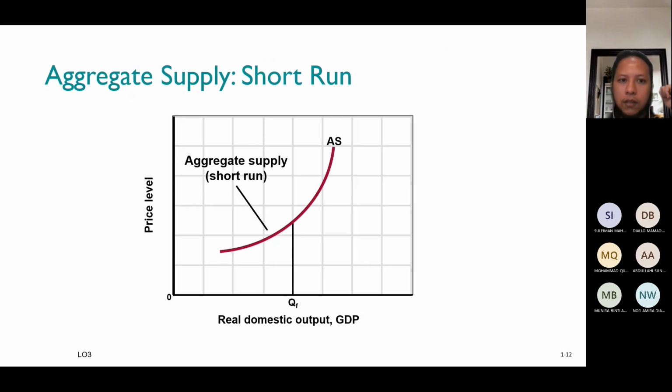And in the short run, this is the shape of the aggregate supply. So this is where you have certain flexibility in terms of changing the supply. This one is similar to the normal supply curve that we've learned previously.